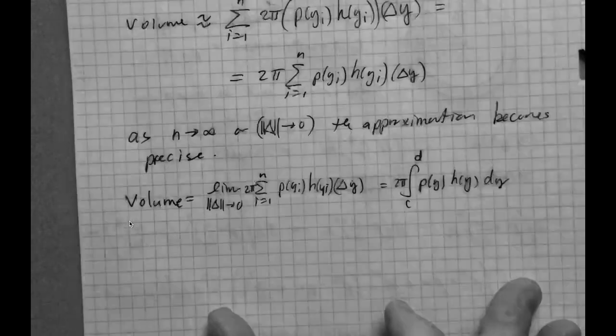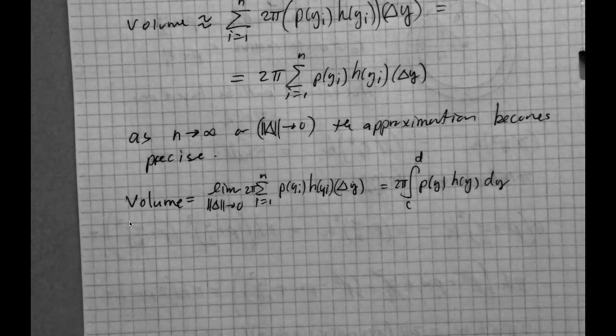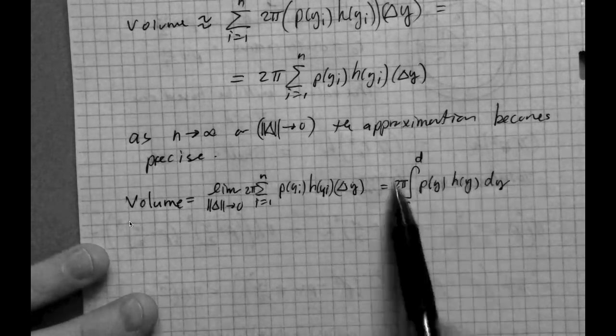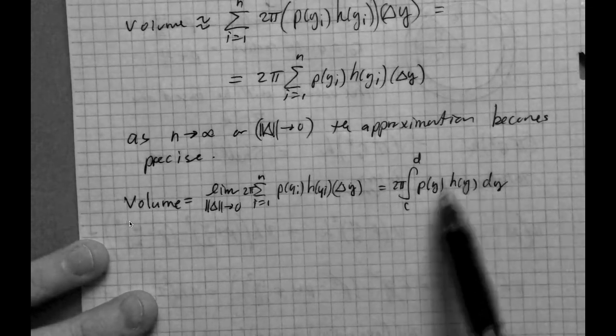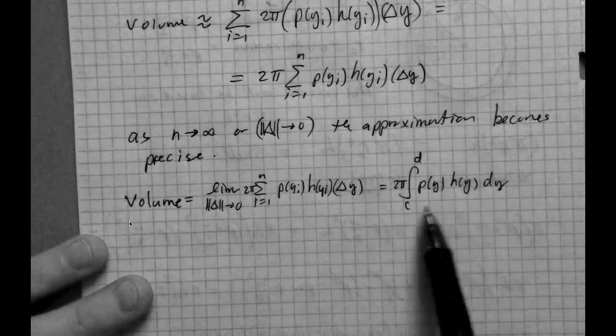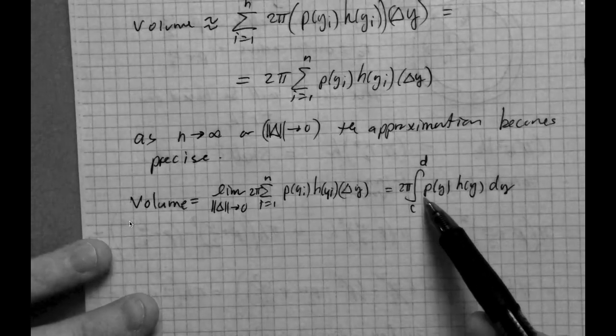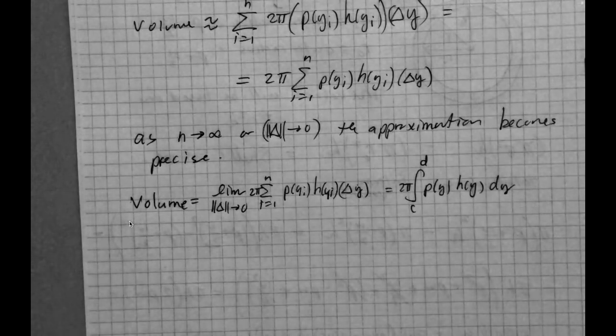It's basically the same story as the disk and washer method. It's just the construction's a little different. In the disk method, we had a pi times the integral of r squared. Here, we've got 2 pi times the integral of p times h. So that's just a different way to find the area, but it's using the same principles.